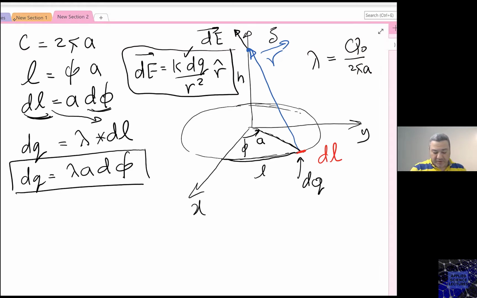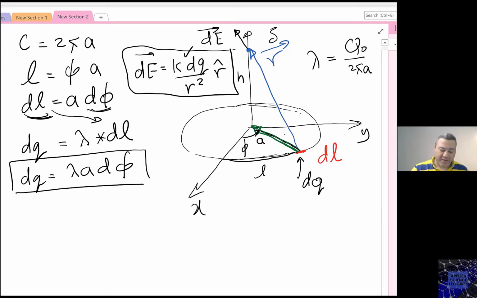The first vector is going from this dq toward the origin. This vector has a magnitude of a. However, the direction is minus rho hat. What is this rho hat?